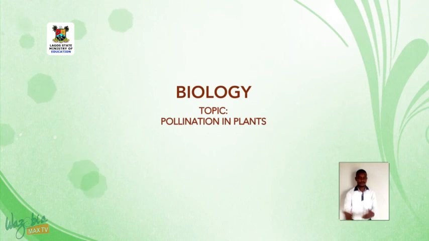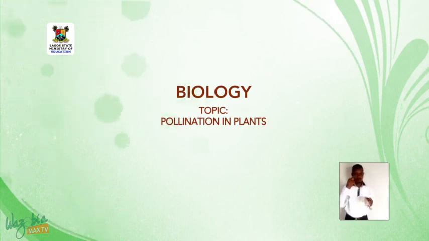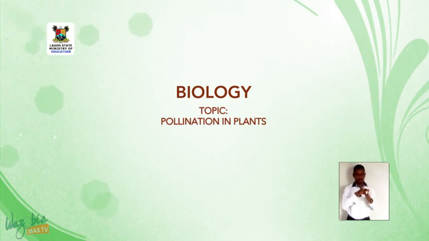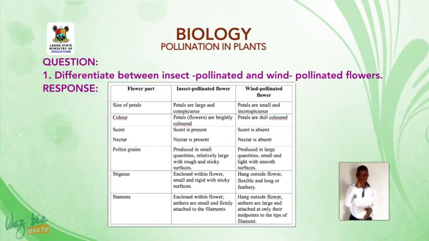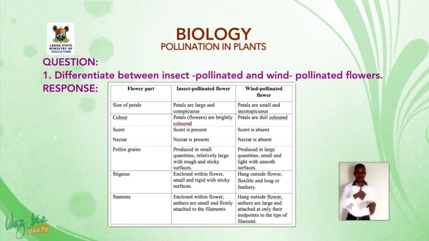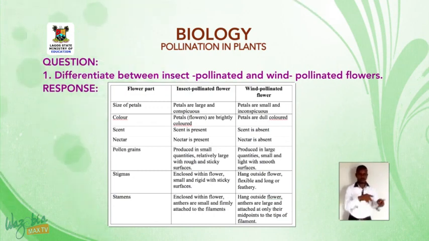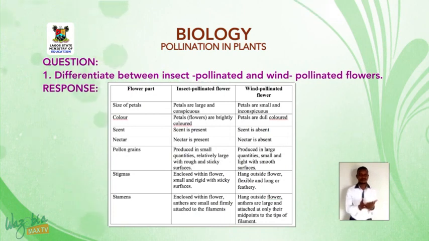Welcome back. Before we went on short break, you were able to observe the pictures of insect-pollinated and wind-pollinated flowers. Now let us discuss this question together. Differentiate between insect-pollinated and wind-pollinated flowers. I'm waiting for your response. Good. On my side here, I have a table which I divided into 3.